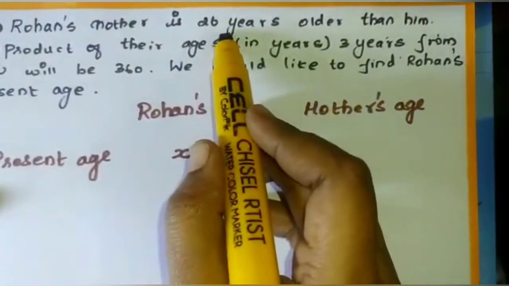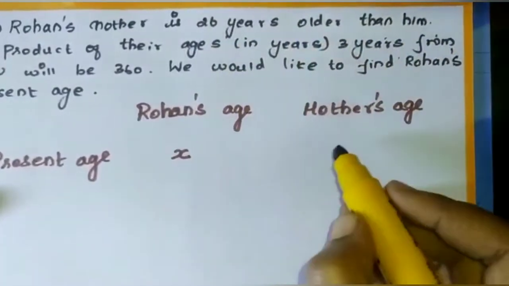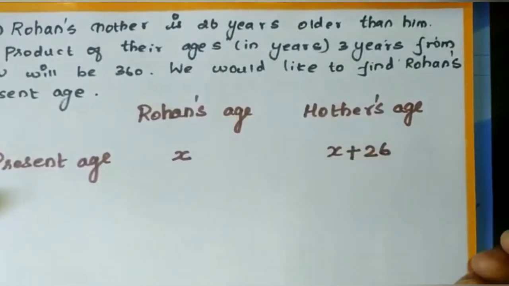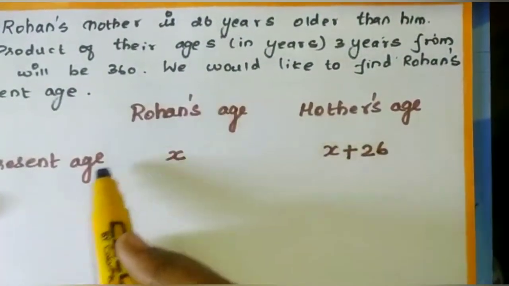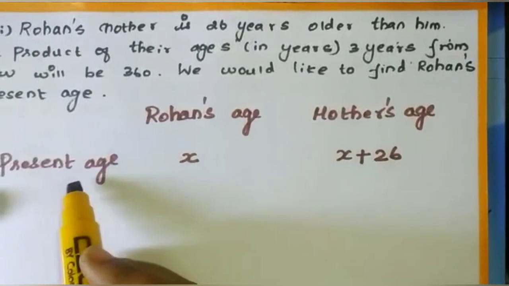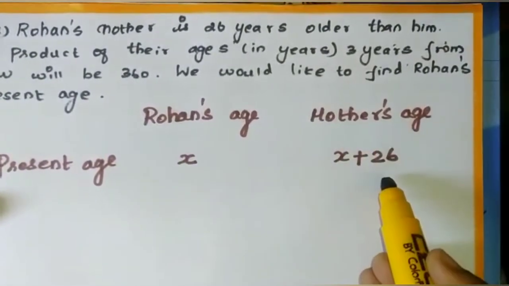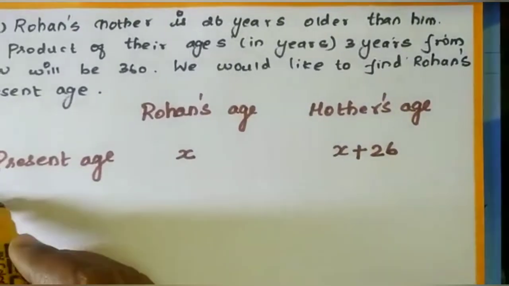Mother's age is 26 elder than him. So x plus 26. So let Rohan's present age be x and mother's age be x plus 26.